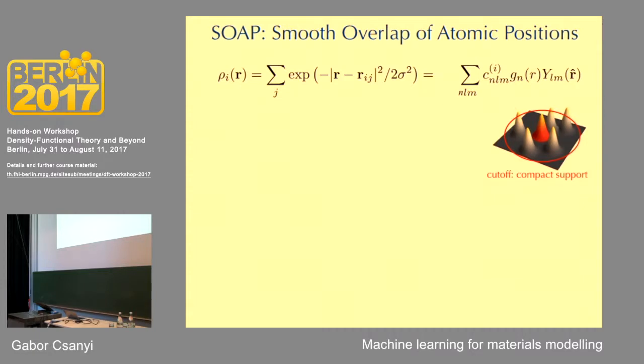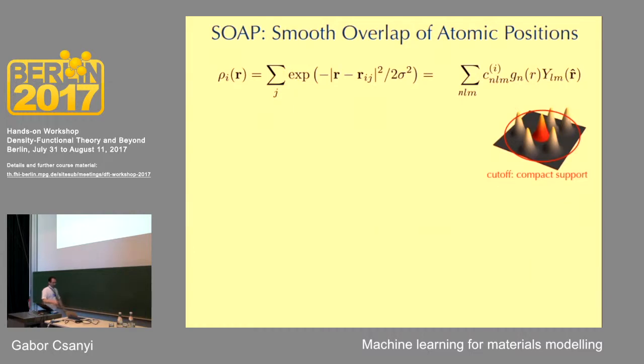So we take a completely different approach. Rather than think about interatomic distances, we take a central atom, and we take all its neighbors and put a Gaussian on each. And we call the sum of those the neighbor density. So it's not electron density, it's a sum of atomic densities, and this sigma here is the width of that Gaussian, and it's one Bohr.